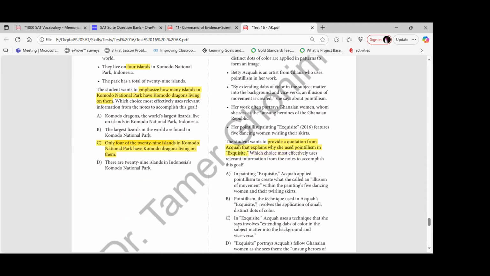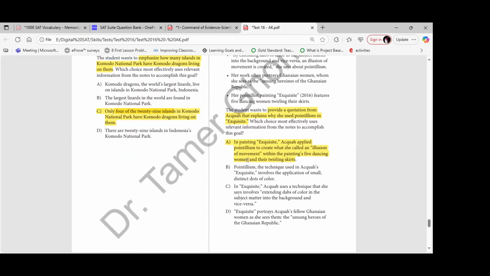I need to show a quotation to explain why she used pointillism. Okay, let's find. In painting Equus, Aqua applied pointillism to create what she called an illusion of movement within the painting's five dancing women and their twirling skirts. Yes, it shows us why she used pointillism.